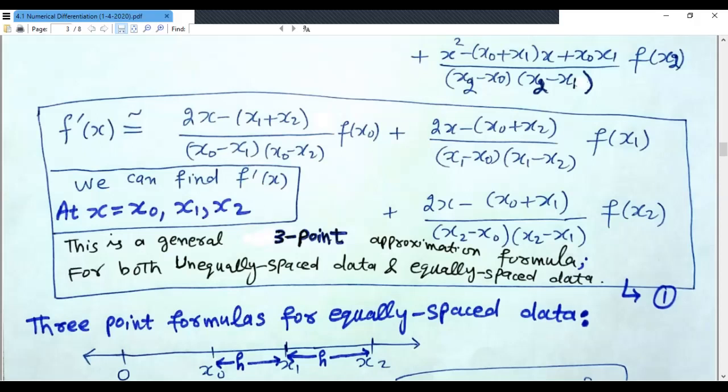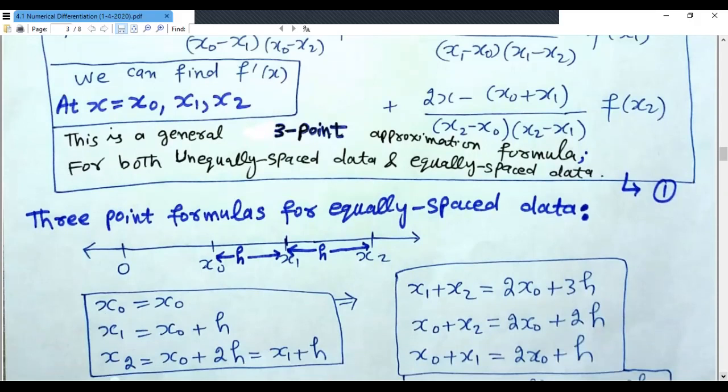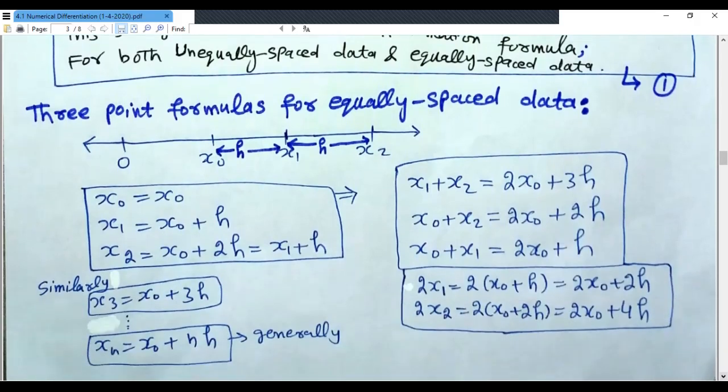Also note that this formula can be used for both unequally spaced data or equally spaced data. If we use equally spaced data, we can simplify the above formula. Equally spaced data means if we have x naught, x1, and x2, the distance between x naught and x1 is the same as the distance between x1 and x2, and so on.